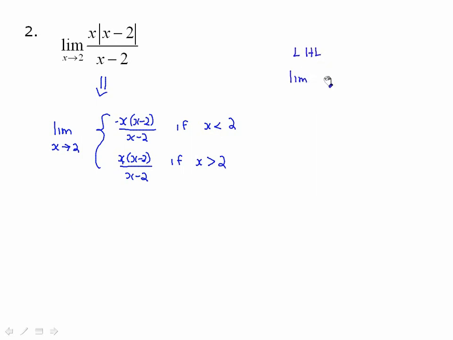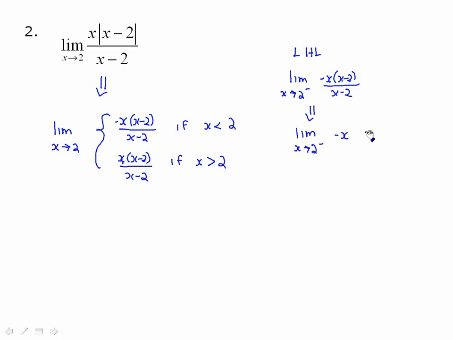This is the limit of negative (x minus 2) over x minus 2 as x approaches 2 from the left. And as we've seen before, we divide out by a factor of x minus 2. That leaves us with just negative x, which I'll write this time. So a little bit more complicated than the previous one, 2 to the left.